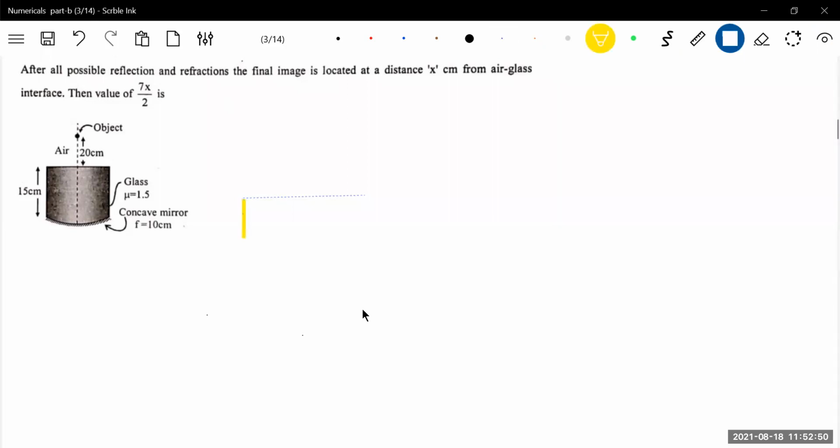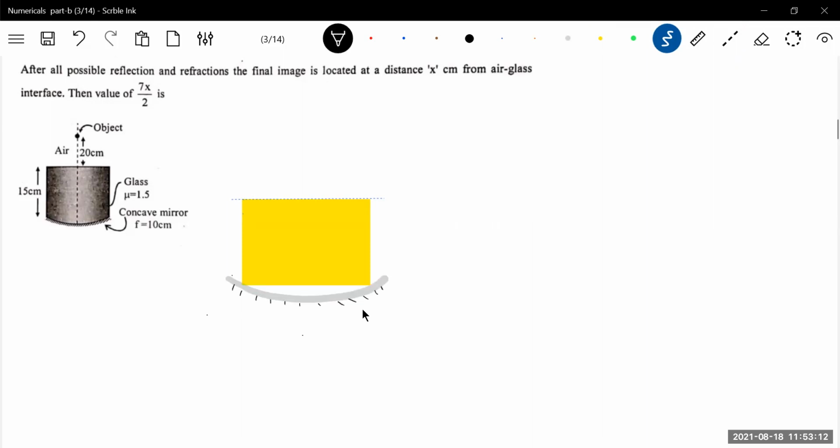Let me proceed like this. So this is that. A glass interface, and we have a mirror here. Meanwhile I'll set the diagram.